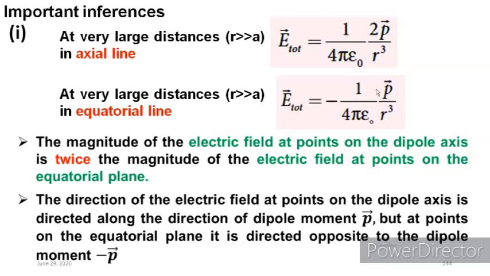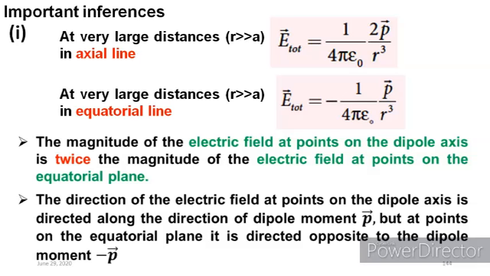Then what about the direction? Here you have plus P vector in case of axial line, and in case of equatorial line you have minus P vector. So they are actually opposite. The direction of electric field at points on the dipole axis is along the direction of P vector, but at points on the equatorial plane it is directed opposite to the dipole moment vector.